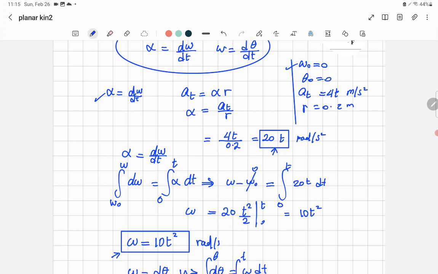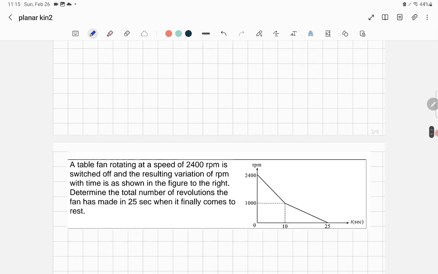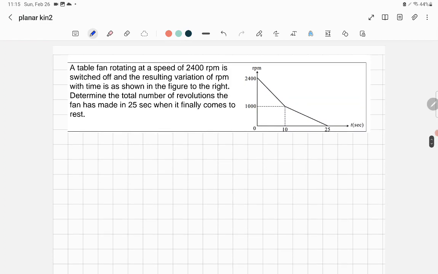All right, let's go to the second example. That's a simple but nice one. It has also a different idea. It says here that a table fan rotating at a speed of 2400 revolutions per minute is switched off, and the resulting variation of revolutions per minute with time is shown in the figure.